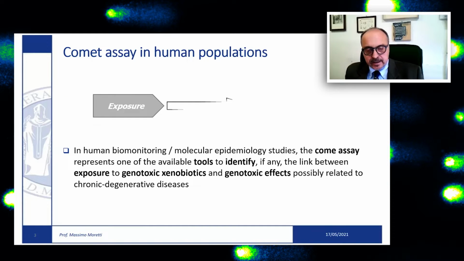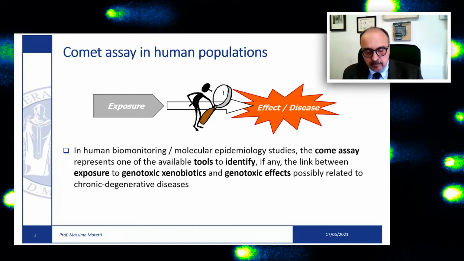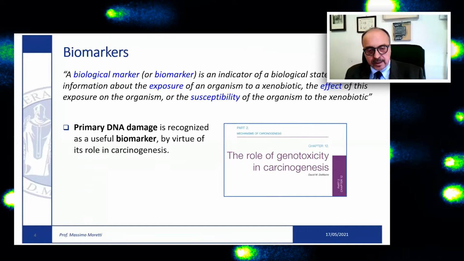In these studies, as already stated by Stefano before, the COMET assay is a tool that is useful to identify the extent of exposure to genotoxic xenobiotics and the genotoxic effect as a consequence of the exposure.